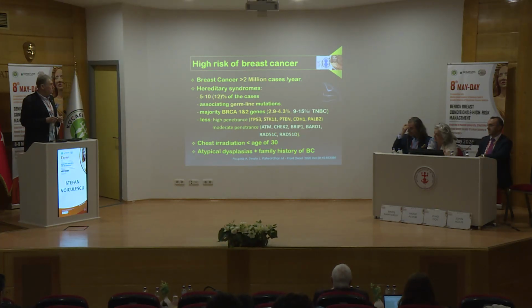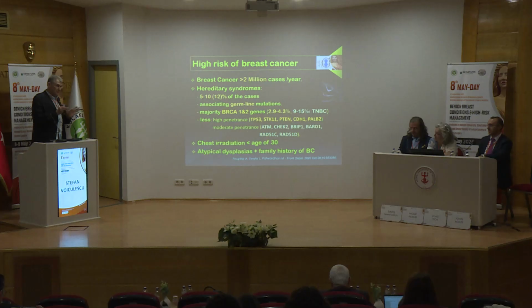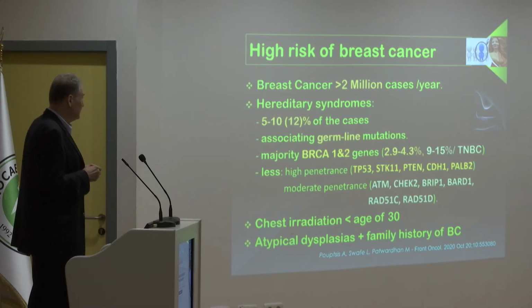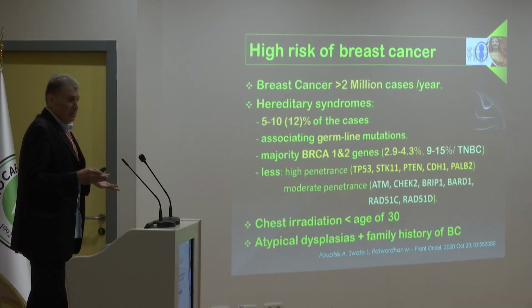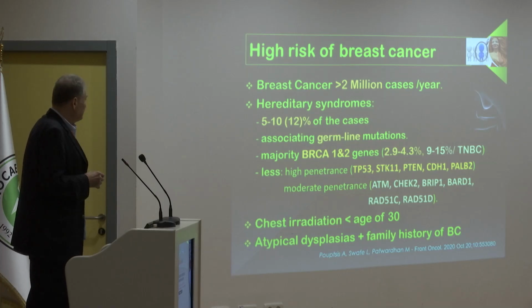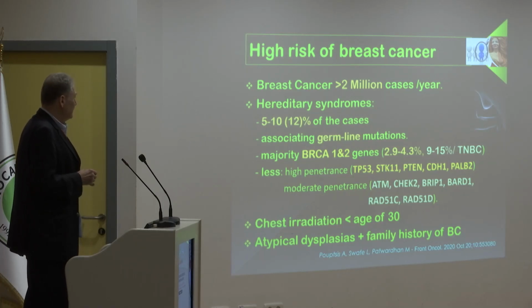And if we apply this at 2 million cases of breast cancer per year, we shall make a division of high-risk patients, and this may be starting with genetic syndromes. 5, maybe 10% of the patients may be in this situation.